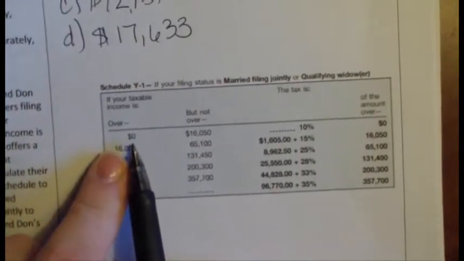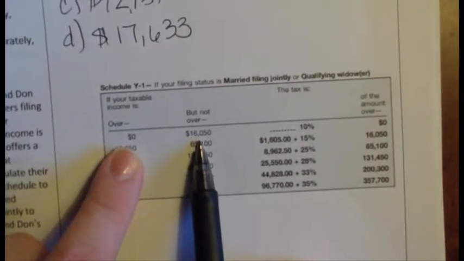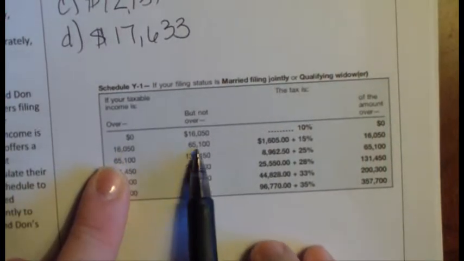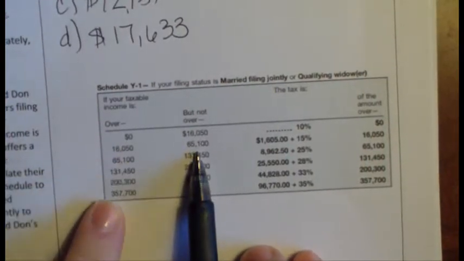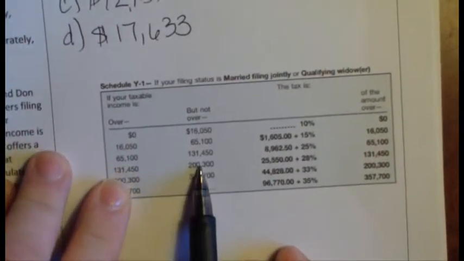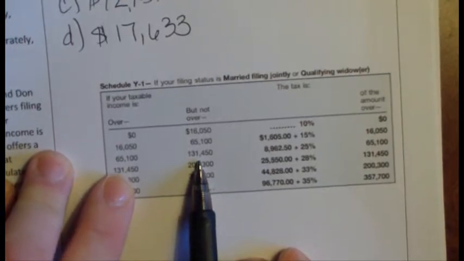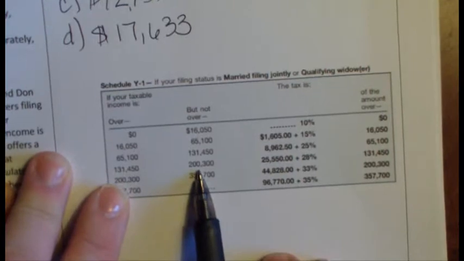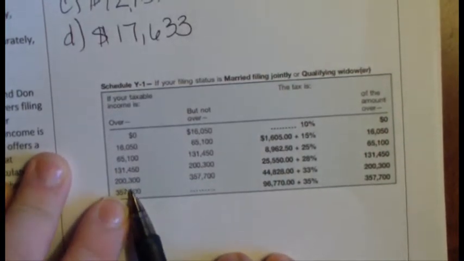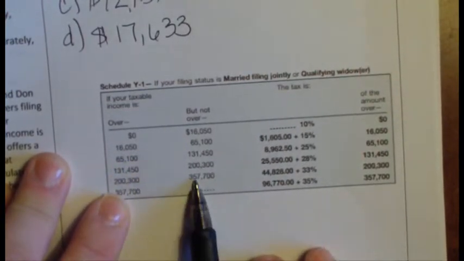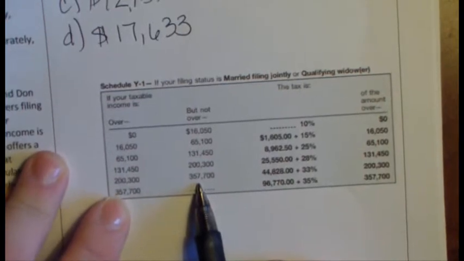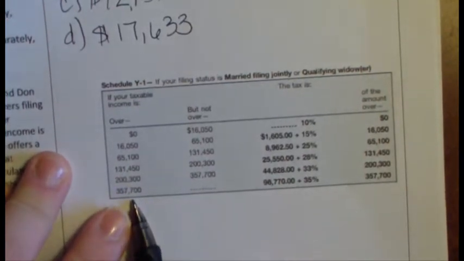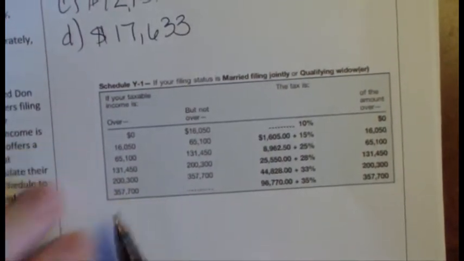So we've got the intervals from 0 to 16,050, 16,050 to 65,100, 65,100 to 131,450, 131,450 to 200,300, 200,300 to 357,700, and then above 357,700.